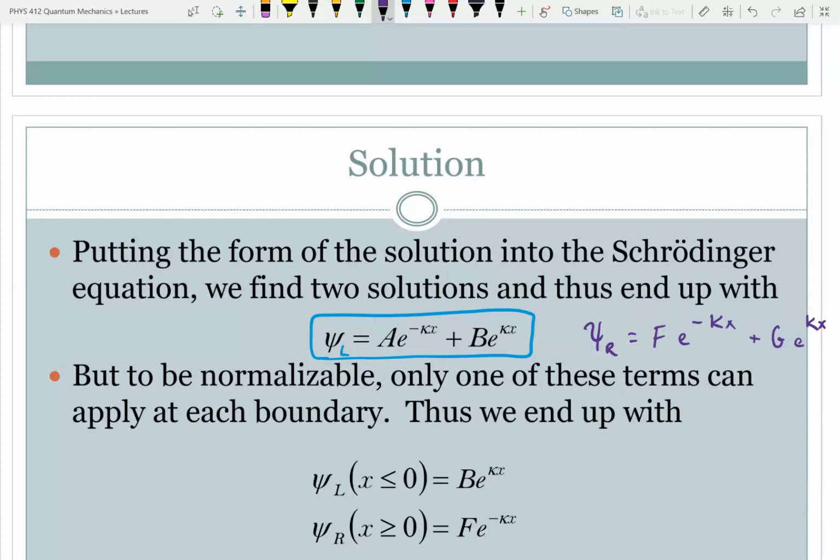But then to be normalizable, it cannot blow up as x approaches plus or minus infinity. And since this term here blows up as x approaches minus infinity in this case, then we had the requirement that A had to be 0.